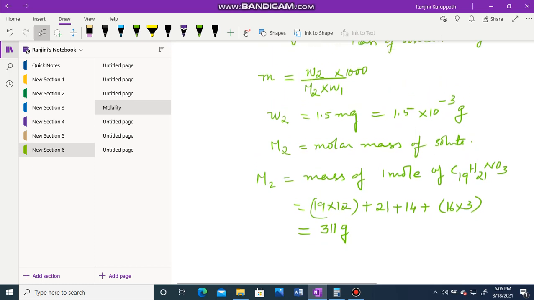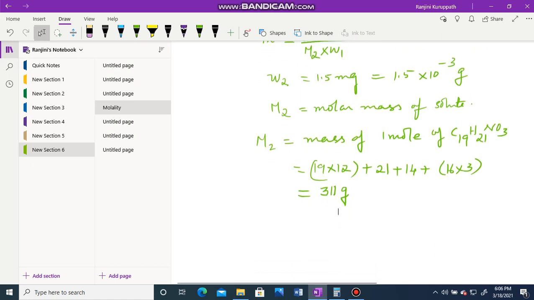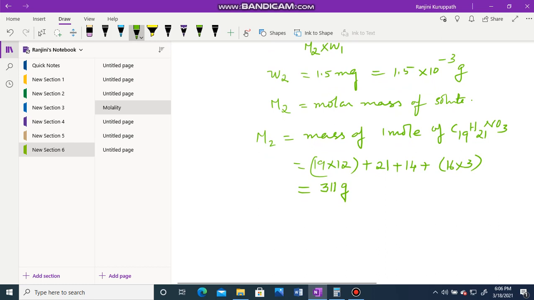So what you can calculate is W1, that means the mass of solvent, from the given equation using all these values. I am putting the equation once more. Molality is equal to W2 by M2 into W1 into 1000, correct? Now I am putting the values here.